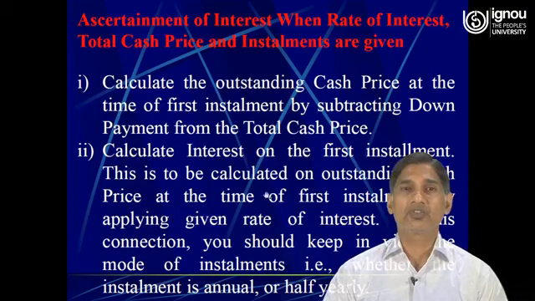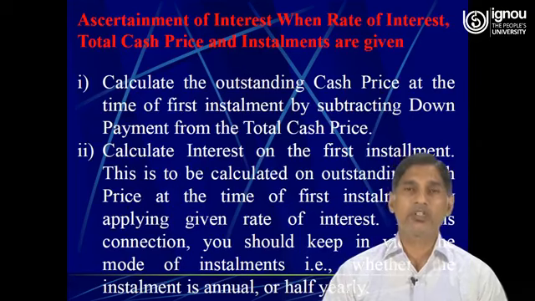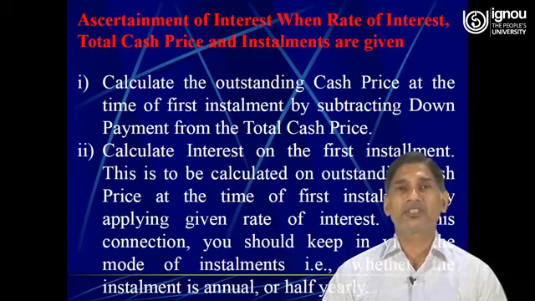First, calculate the outstanding cash price at the time of the first installment by subtracting the down payment from the total cash price. If we subtract the cash down payment from the total cash price, we can easily come to know the outstanding cash price at the time of the first installment.